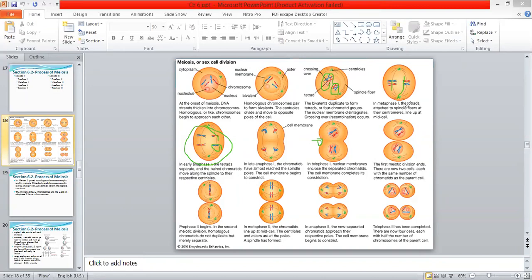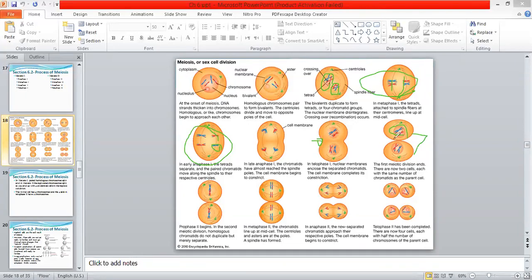But you can see that the cell started with four chromosomes, and the two new cells at the end of telophase 1 each contain two, which means the cell becomes haploid.